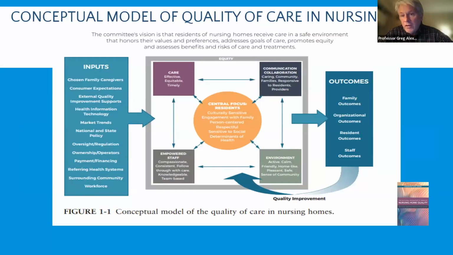So this is the model that was part of that report. That report is from the National Academy of Science, Engineering, and Medicine, which used to be called the Institute of Medicine.